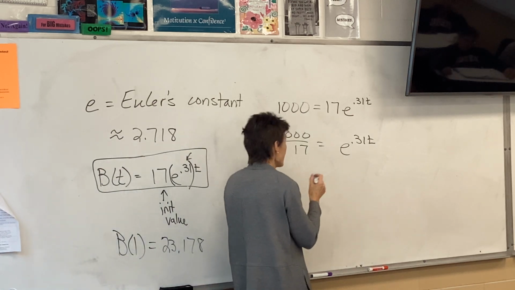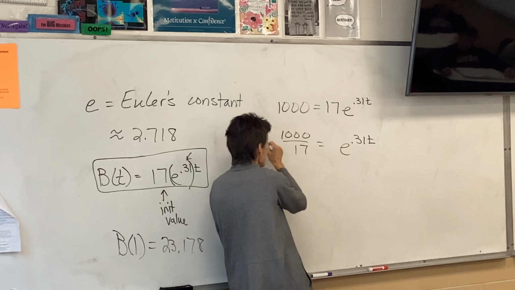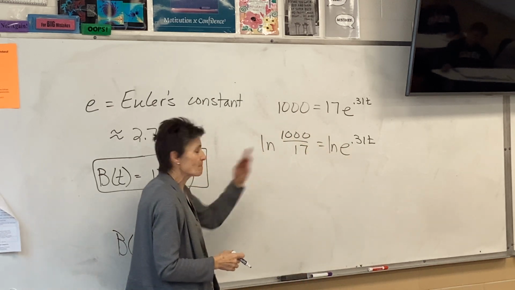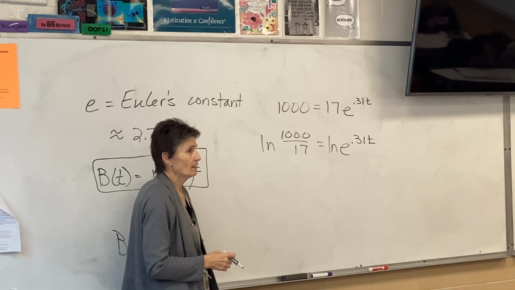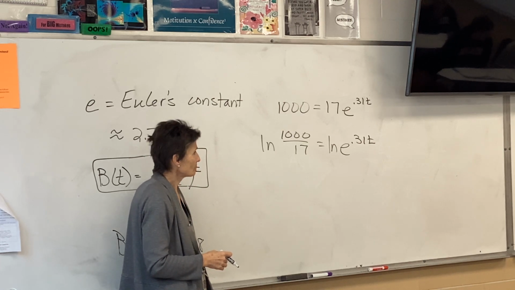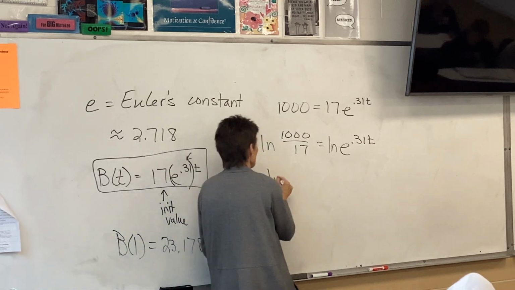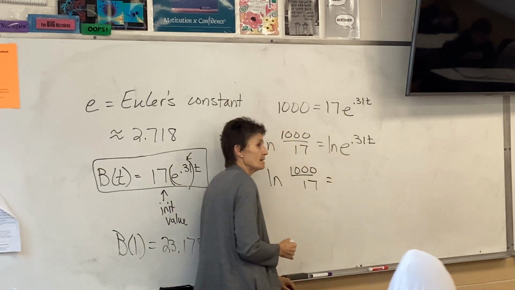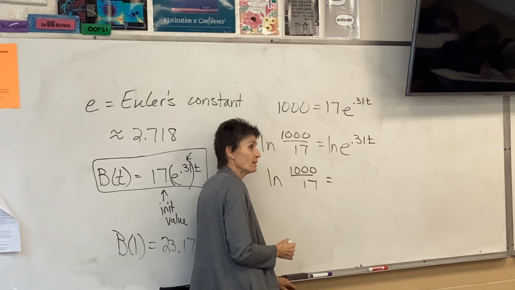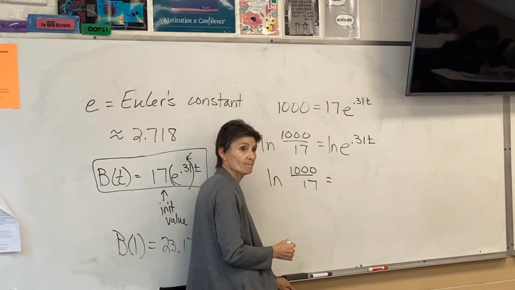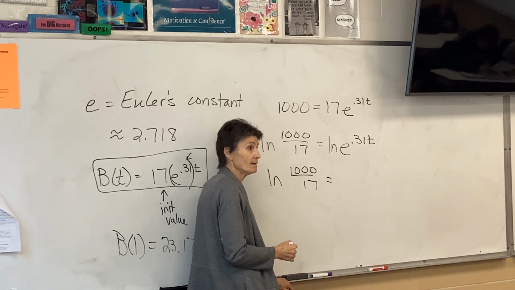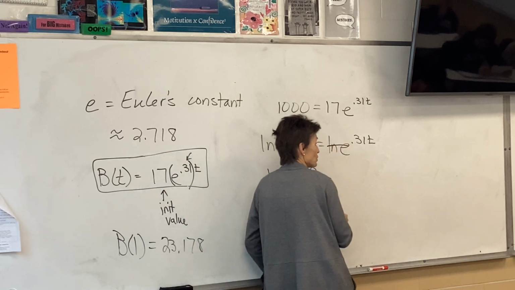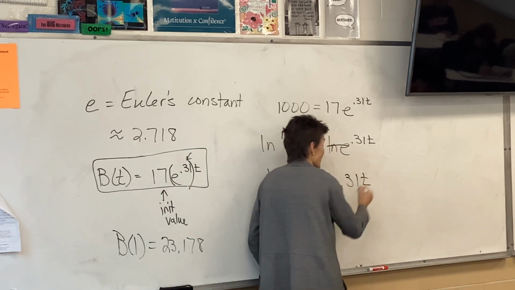Since that's an e, I'll take the natural logarithm of both sides. It really doesn't matter, it just makes it easier if I use ln in an e problem. So the natural log of 1,000 over 17 equals what? Anybody remember what's so cool about this? ln e is 1. So these cancel each other out, and you basically just have 0.31 t.